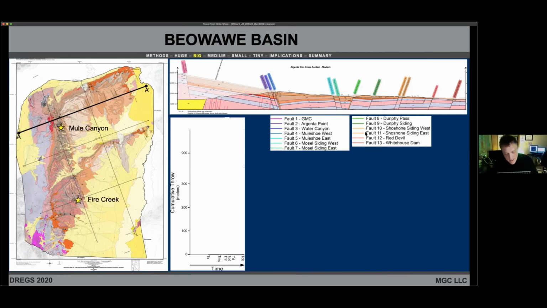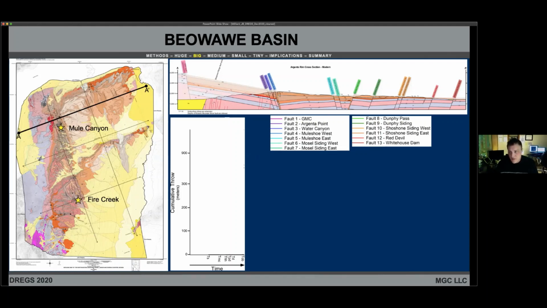We've taken the flow contacts on either side as pierce points and calculated the throw and heave across those faults given a time period based on the basin filling unit to kind of calculate a rough throw history of each structure through time. And this is really a good way of estimating where the strain is being partitioned in the basin and how that basin is evolving through time.